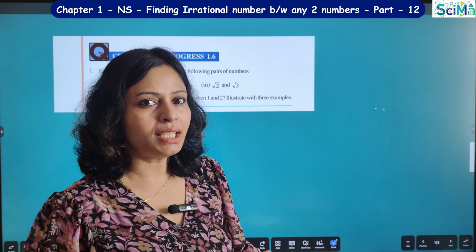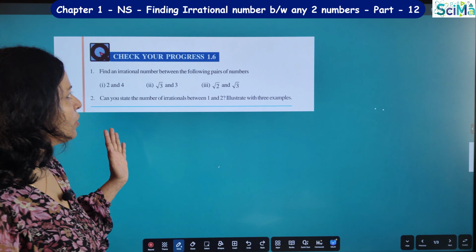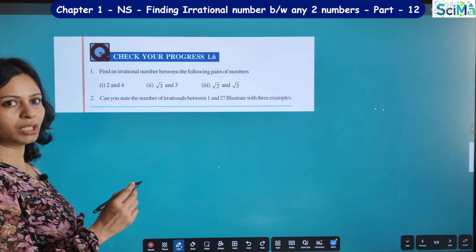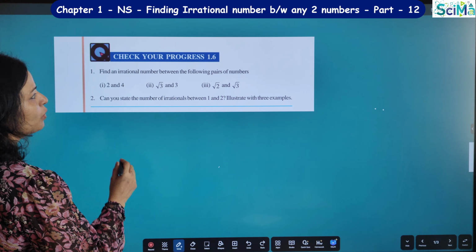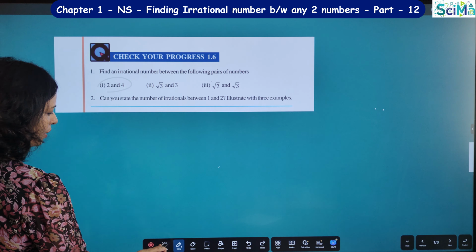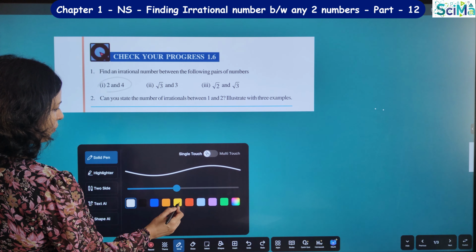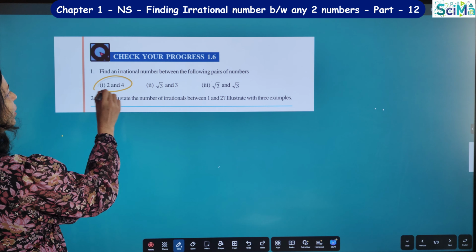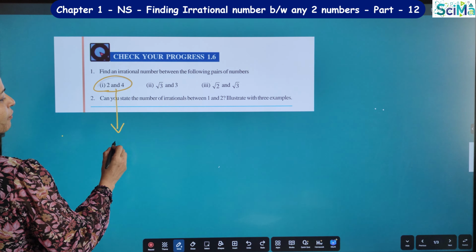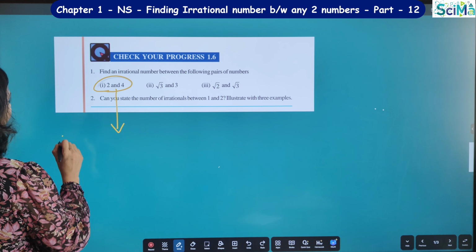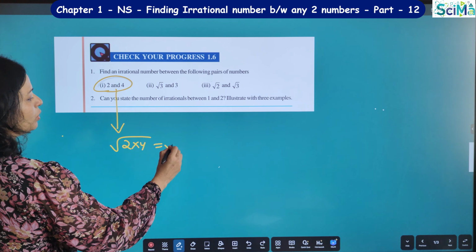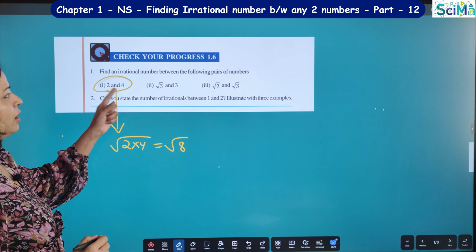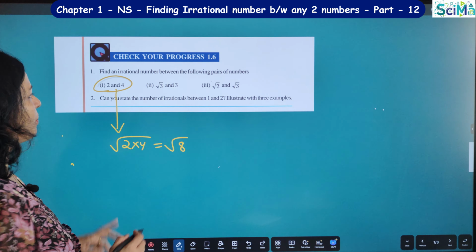So let's quickly see the check your progress 1.6, which involves this topic only. You have to find an irrational number between the following pairs of numbers. I already showed you that between 2 and 4, we multiply the numbers and put the root, and we get the number between these two numbers, since they are not consecutive numbers.